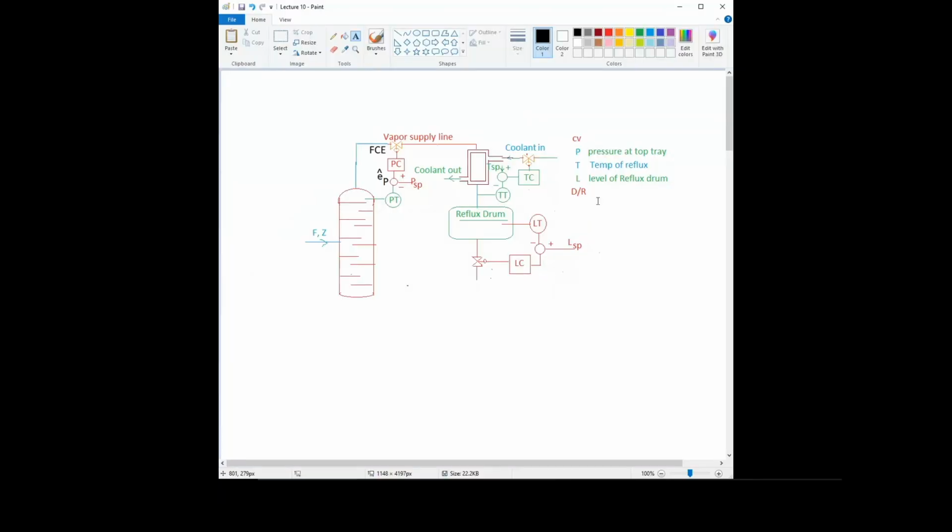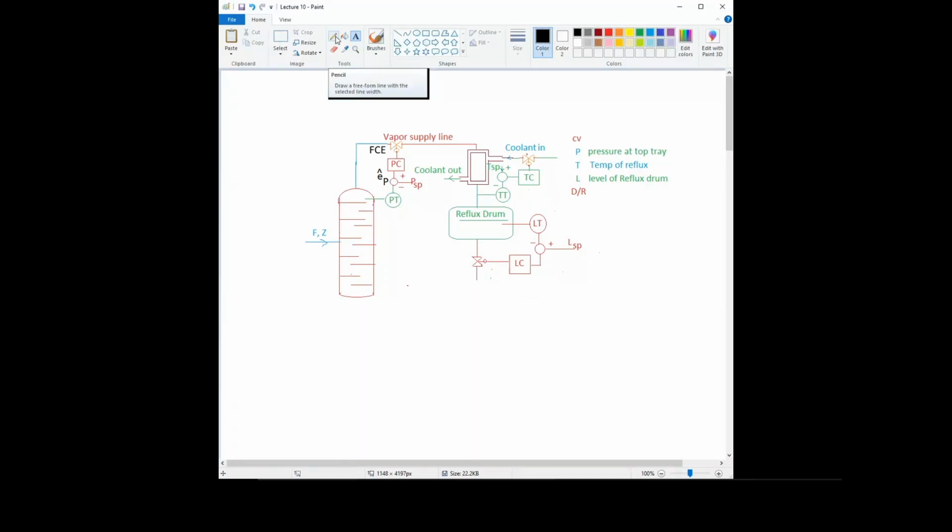This will not be a single variable, this will be a ratio of D and R. How much part we will take out as a product and how much part is being recycled, this should be controlled. This could not be random. So that is why we'll apply control here.